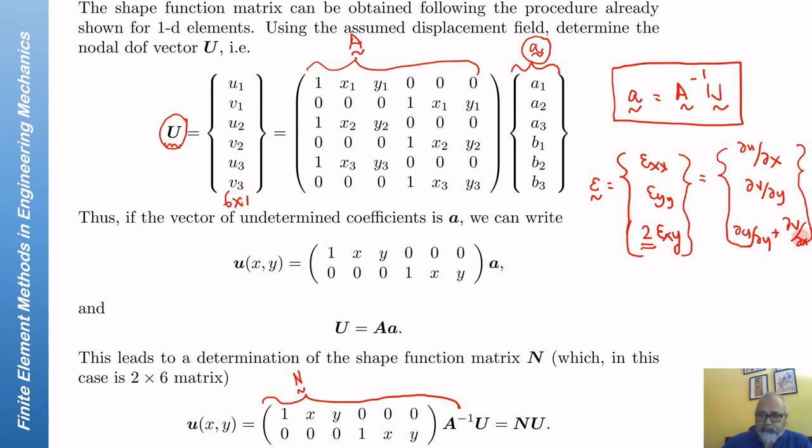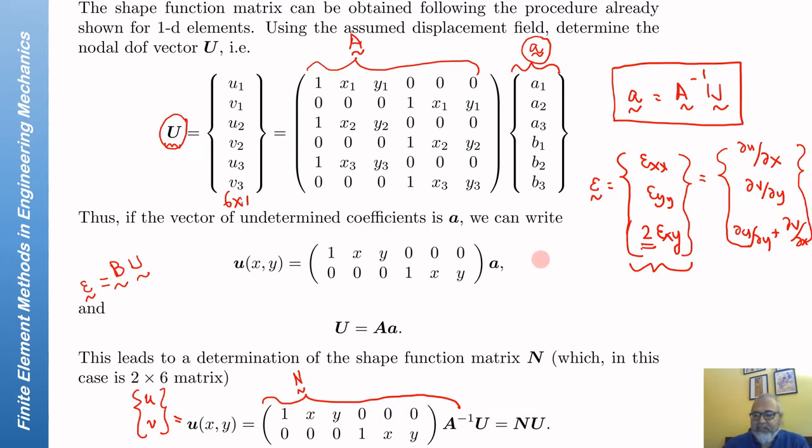Now I have the displacements, u and v, and I now want to find the other important link in the finite element formulation, which is the B matrix, which connects the nodal displacements to the strain at any point, strain being this vector.